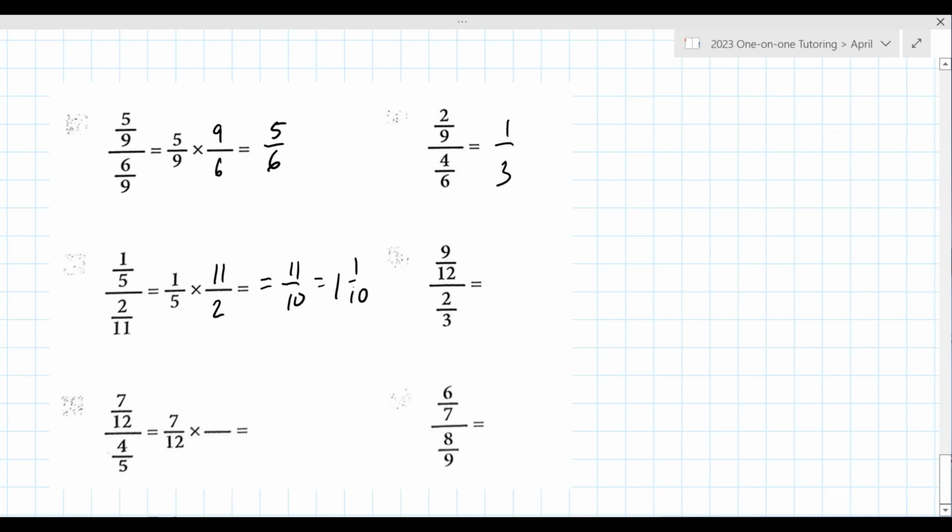Okay, keep going. 1 and 3/24. Okay, so you flip the 5 and the 4 like this?